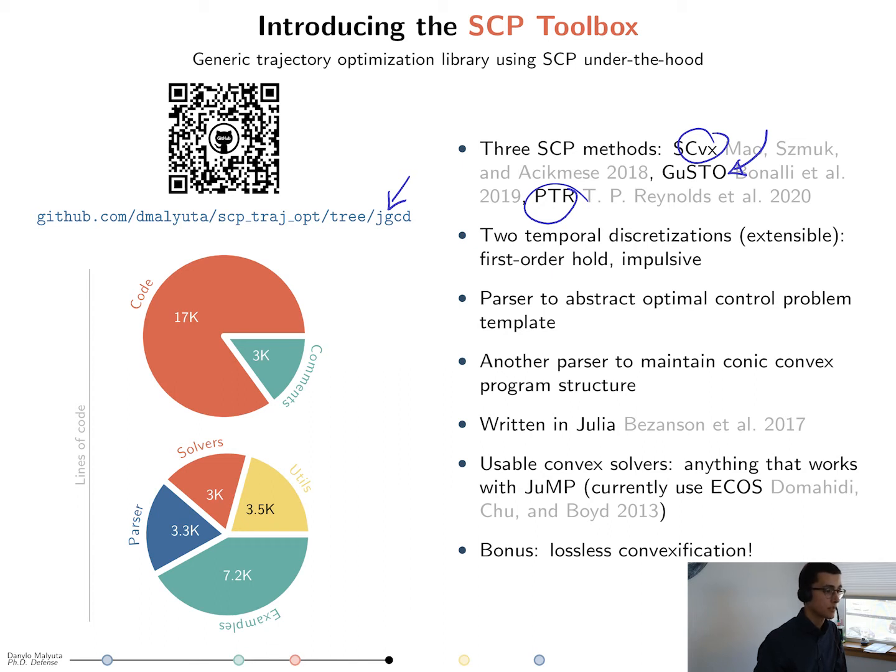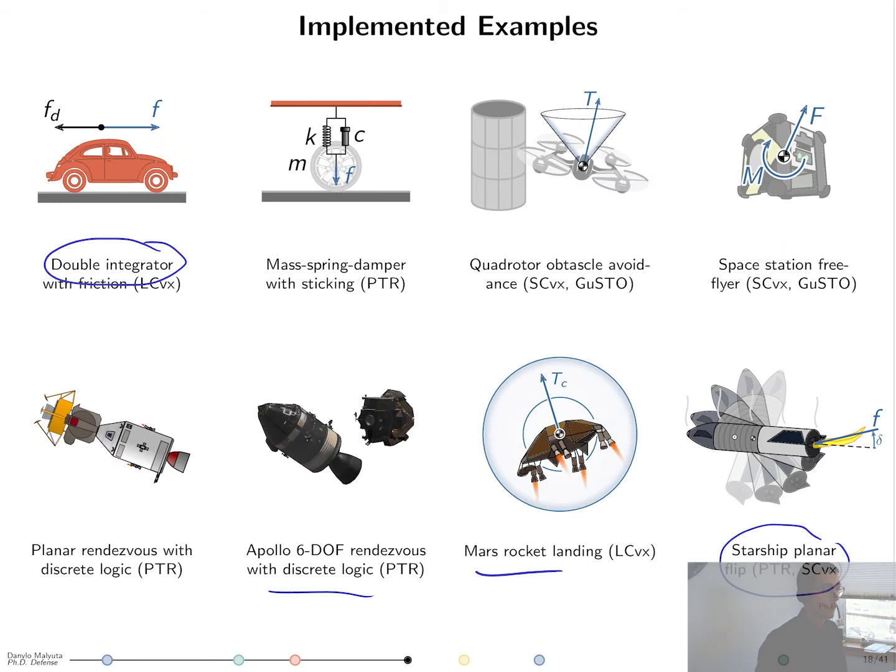We also have several temporal discretization methods. The whole code is written in Julia and it's open source, you can download it. We already implemented 8 examples that are in there today that you can get started with.